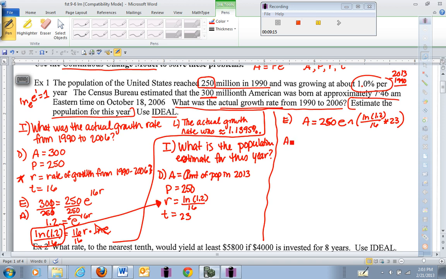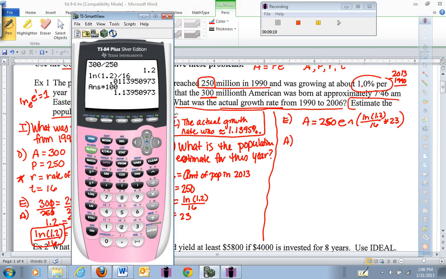Okay, my A part is to act on that equation by solving and checking. In my calculator, I'm going to type in 250 e to the natural log of 1.2 divided by 16. Now that's going to give me a lot more exact than this rounded off amount that I had up here. Okay, times 23 years.